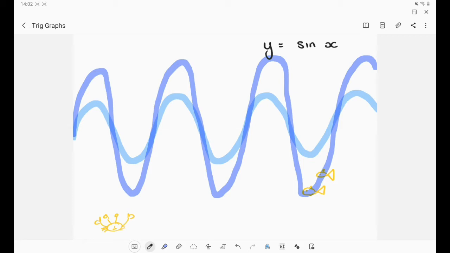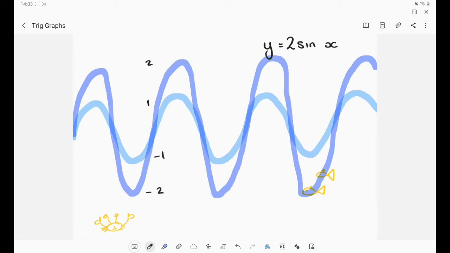Now, how could we show this effect in our formula? Well, if before we were going between -1 and 1, and now we're going between -2 and 2, we can show this in our expression as y equals 2 sine x.